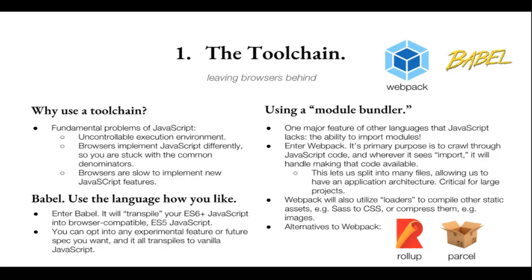So I've indicated here there's Rollup. I haven't used it, but it's out there. It's supposed to be a lot easier to set up than Webpack, is the idea. No config necessary, which can actually be very helpful because Webpack has very complicated config options. And then Parcel is another alternative for this module bundler.